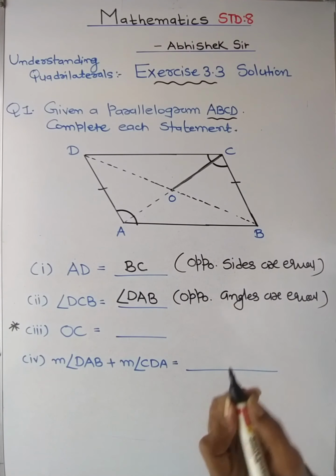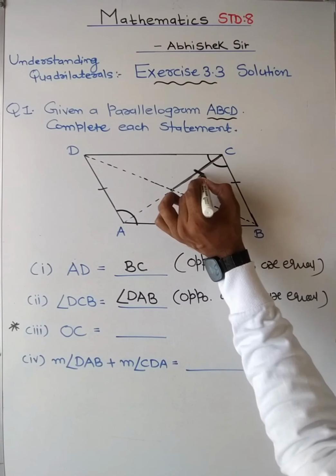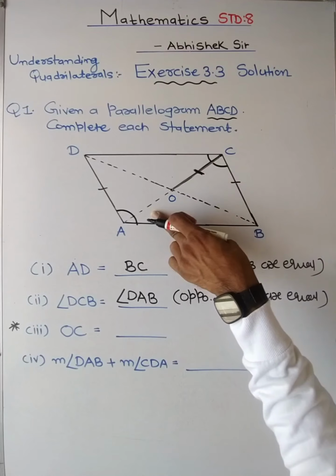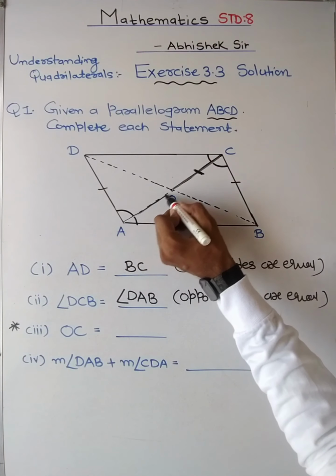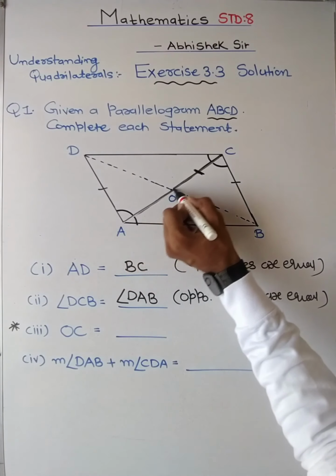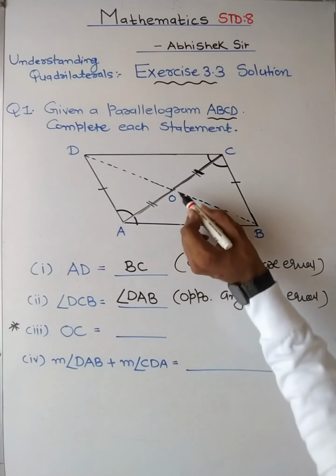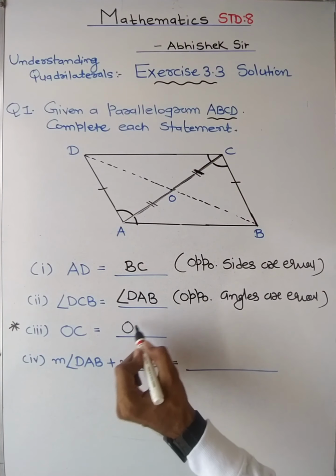Okay, so if we are talking about the half portion, what about the other half? Yes, the other half is also the same. Clear? That is why I am drawing this symbol. So OC is the half portion, so the other half portion is OA.